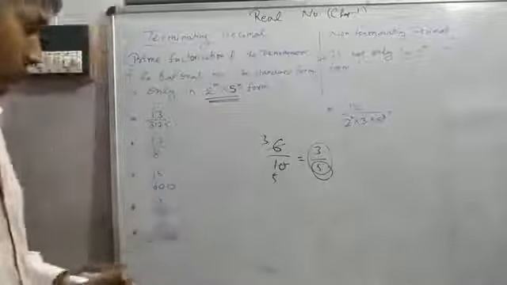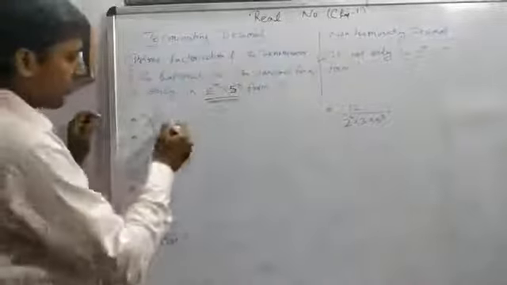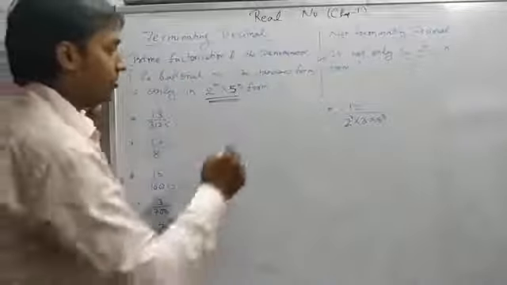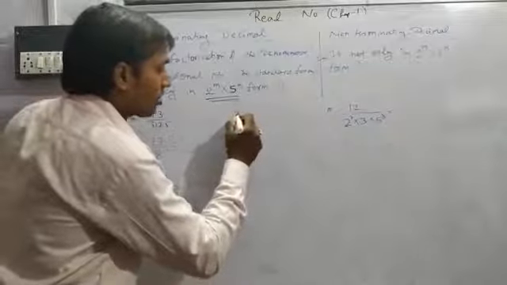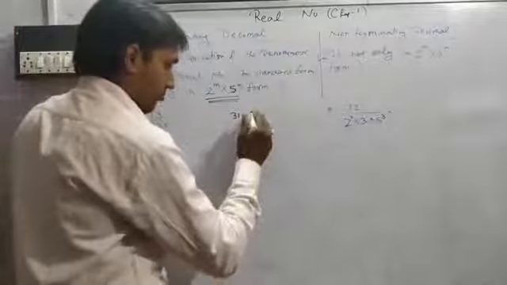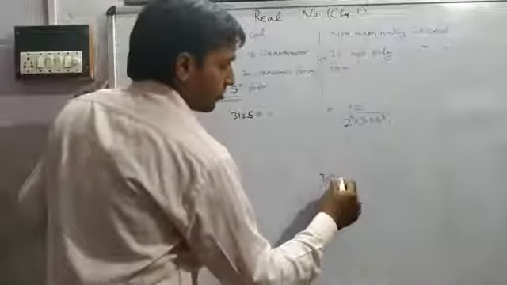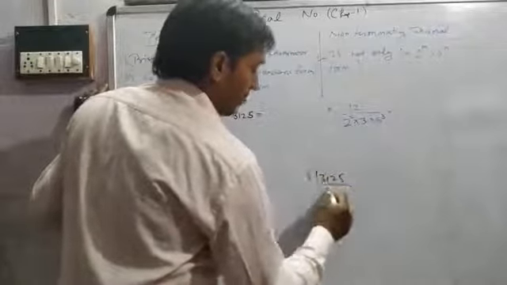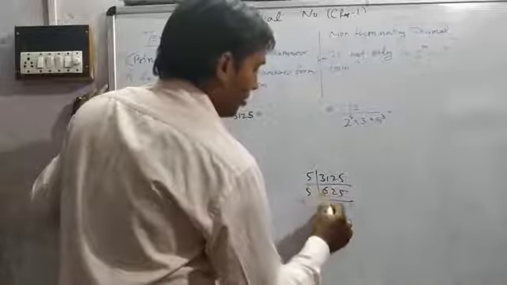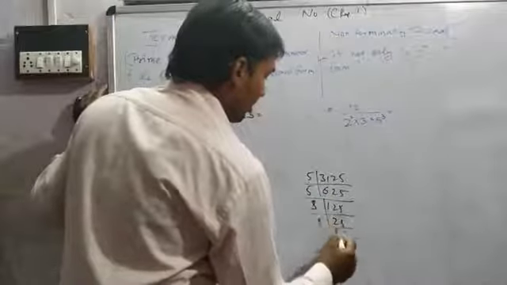Terminating decimal. How? Let's see. Suppose 13 upon 3125. So we find the prime factors of the denominator, 3125. 3125 divided by 5 is 625, 5 125, 5 25, 5 5.